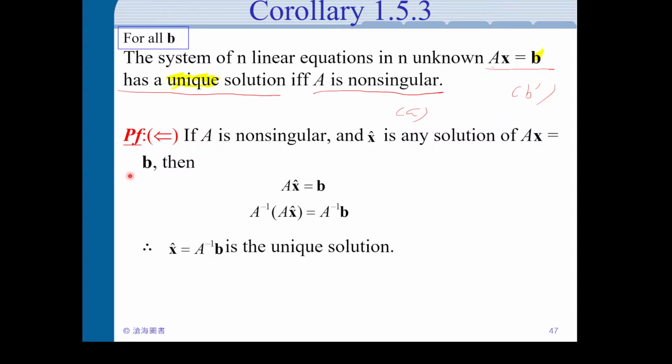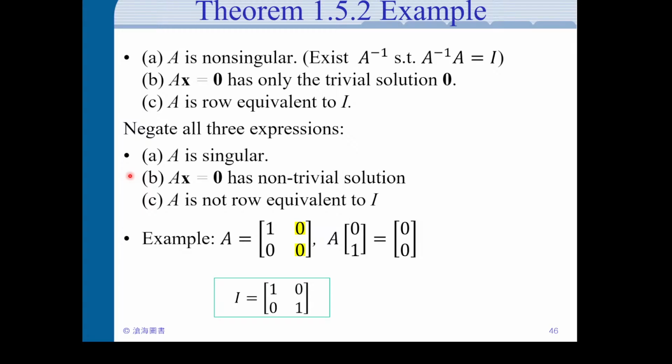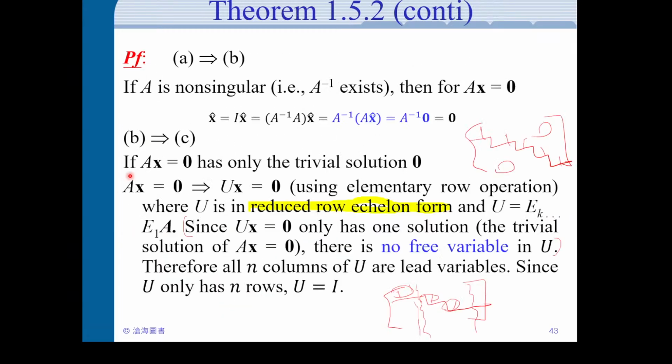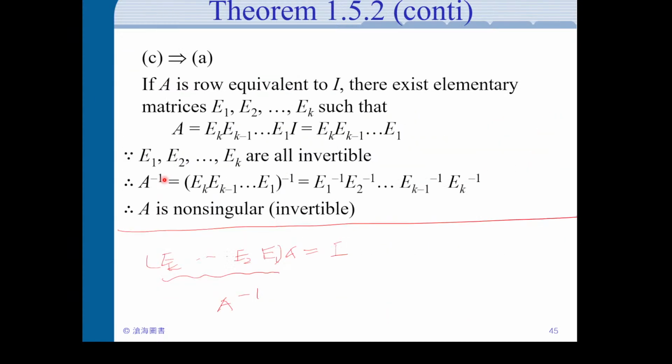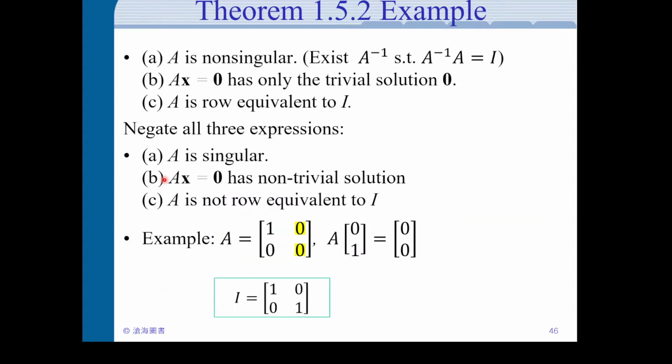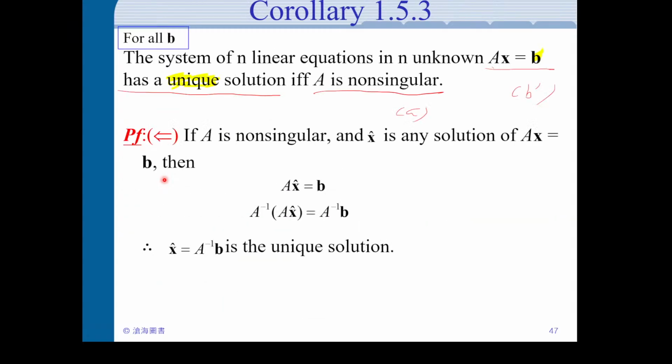we have a corollary to that statement. So 1.5.2 talks about a matrix being non-singular, and this has implication on linear systems.